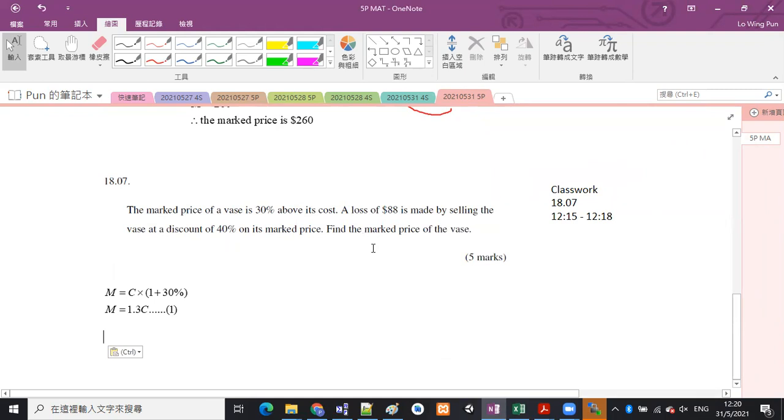a loss of $88 is made by selling the base. If it is about a loss, it's not about the loss percentage, just the actual loss. So did you keep my revision notes? What is the loss?